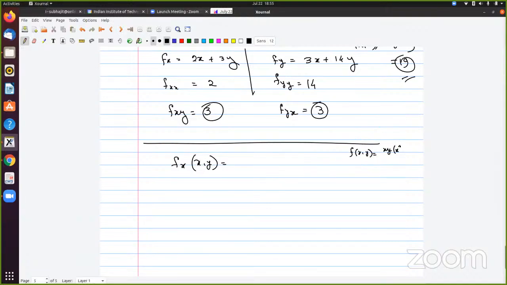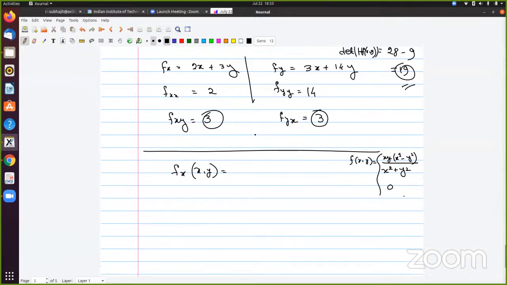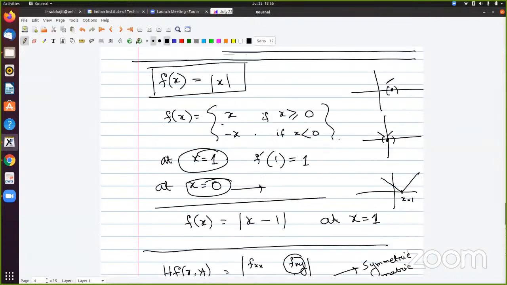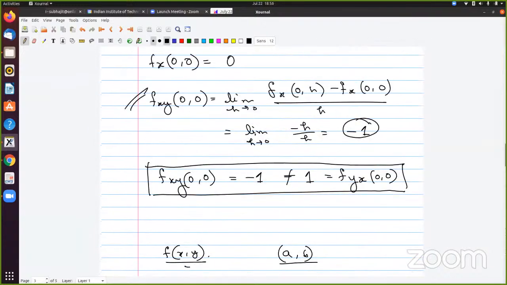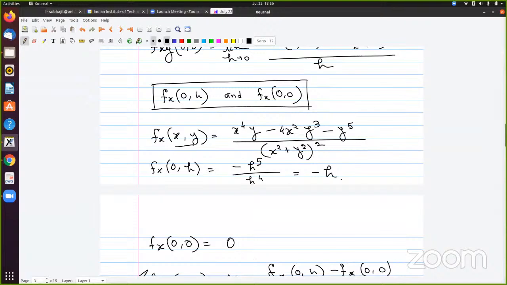Fx, this function. What was fx? Minus y to the power 4? Is it? Yes, sir, this one. Y to the power 5, sorry. Minus y to the power 5, right? Okay.